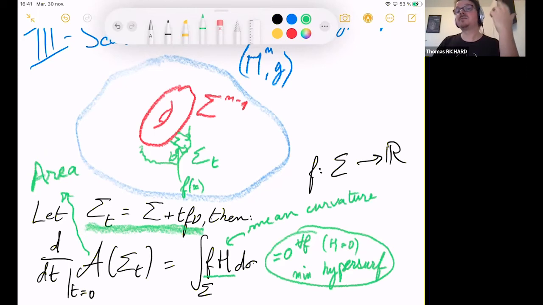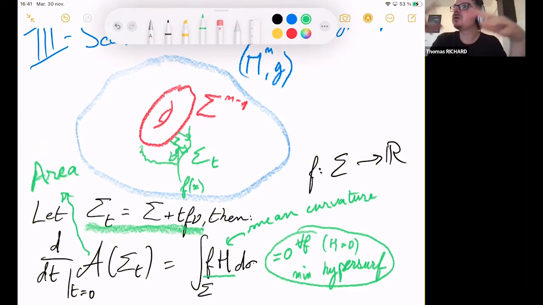An example of bad terminology that sticks: if this derivative is 0 for any deformation, for any f, that means that this curvature is 0, and we call that a minimal hypersurface.